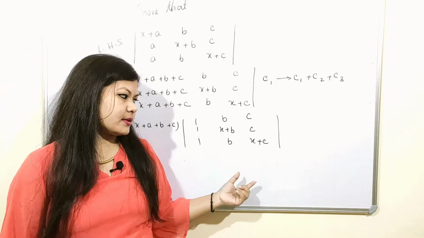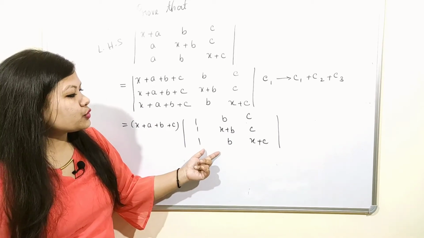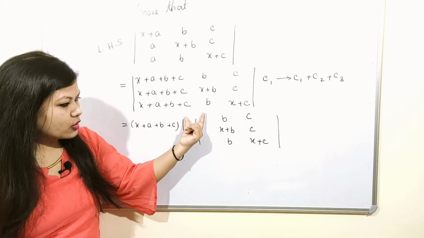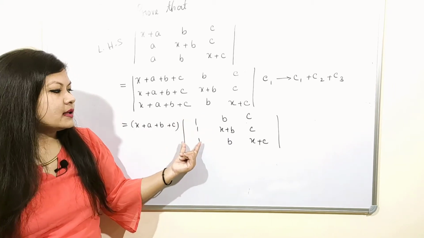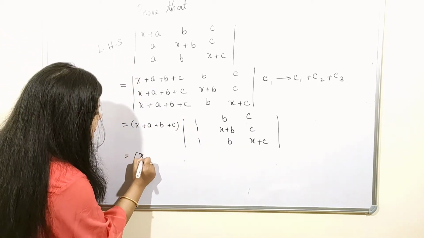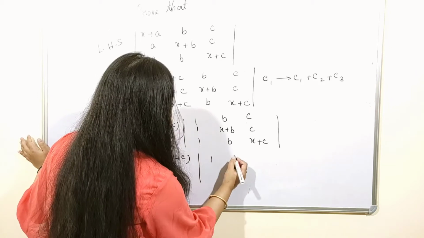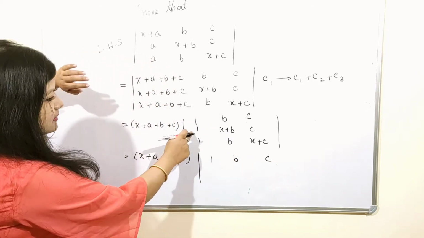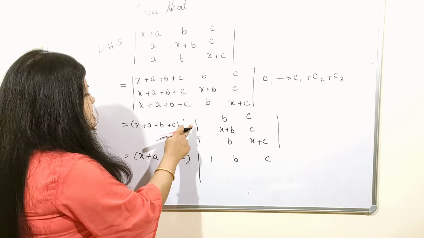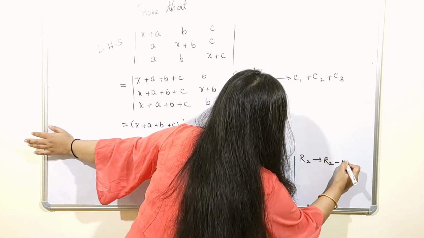After this step you can simply expand this determinant, or you can try to make the elements of a column zero, because it will make your calculation much easier. So I will keep R1, then replace R2 by R2 minus R1.